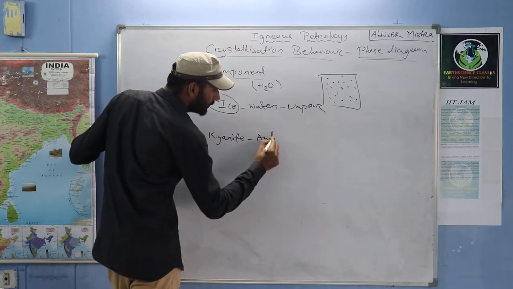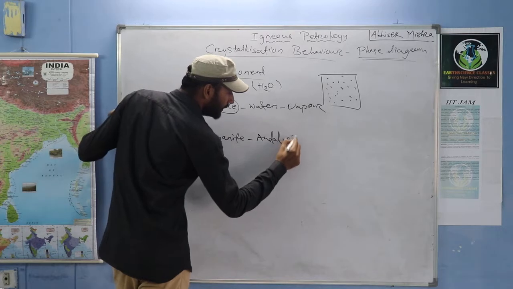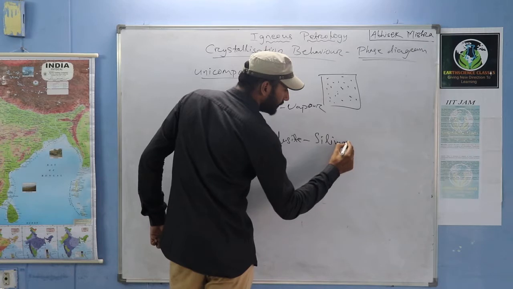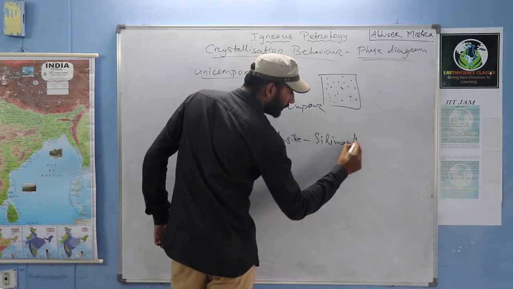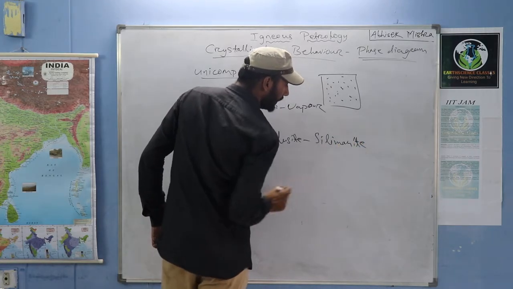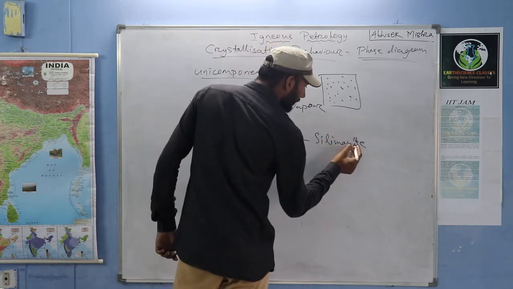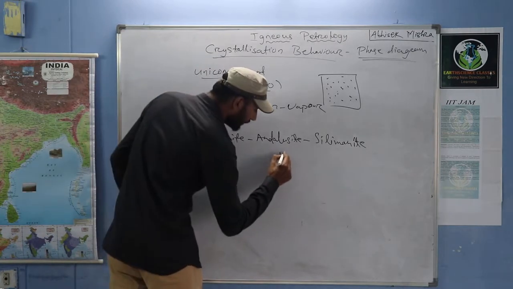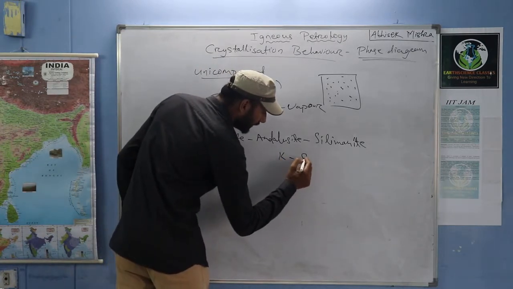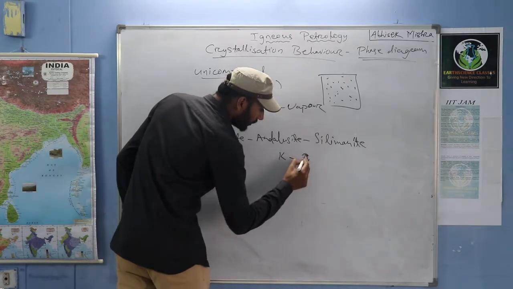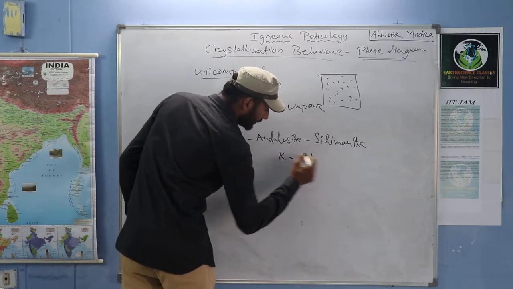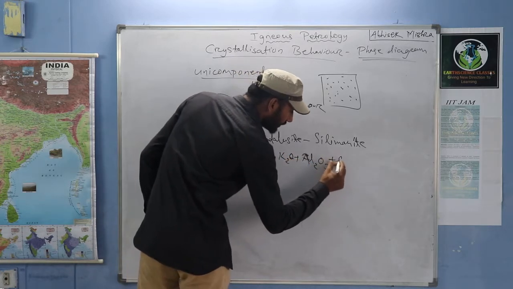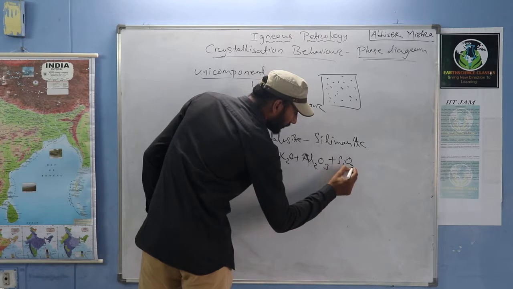Kyanite, andalusite and sillimanite. What is the formula for this? Potassium aluminium silicate, K2O plus Al2O3 plus SiO2.